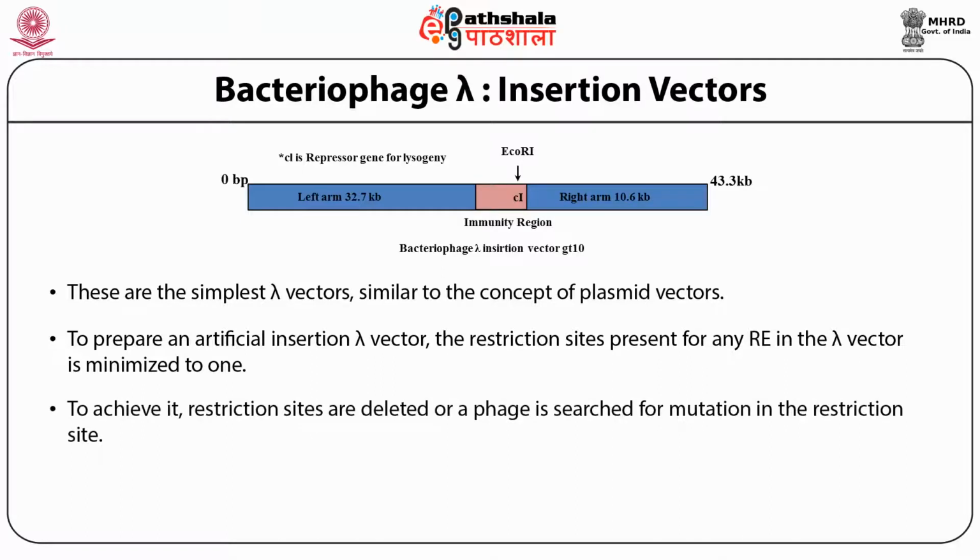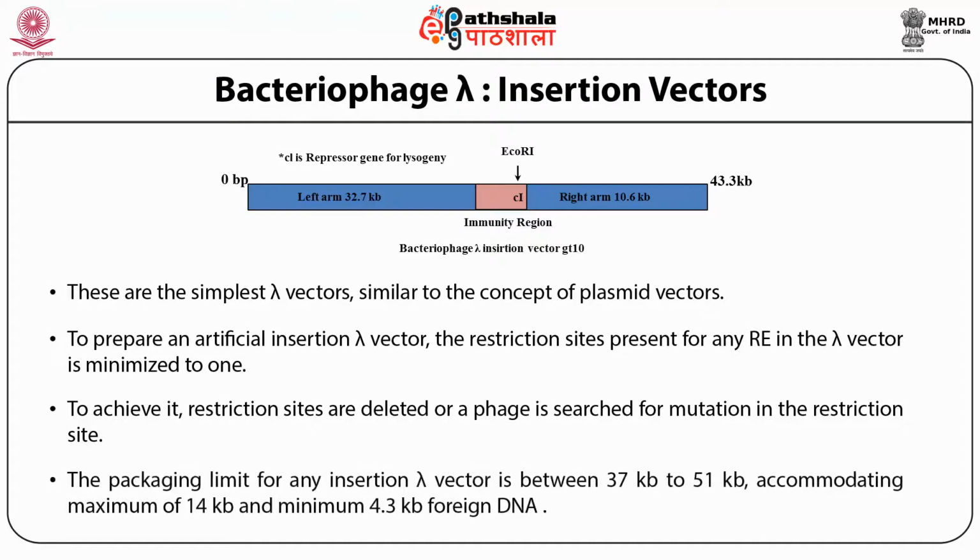To achieve this, restriction sites are deleted or a phage is searched for mutation in the restriction site. The packaging limit for any insertion lambda vector is between 37 kb to 51 kb, accommodating a maximum of 14 kb and a minimum of 4.3 kb of foreign DNA.